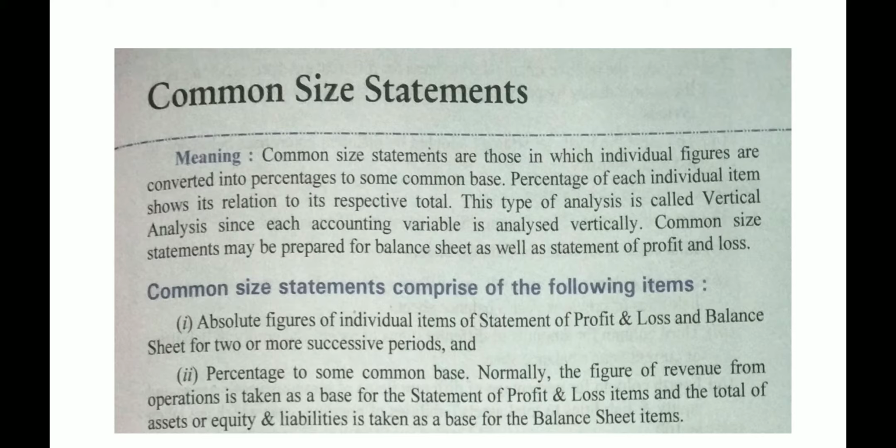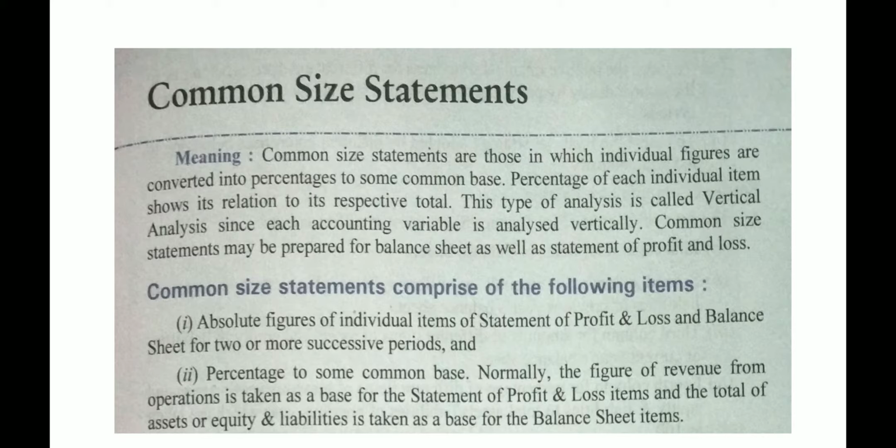It will take some common base. Now in income statement we compare it with the revenue from operation, and in balance sheet we take a common base as a total of liability or total of asset.